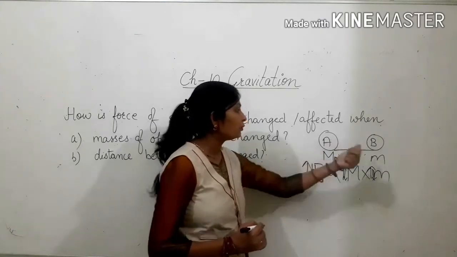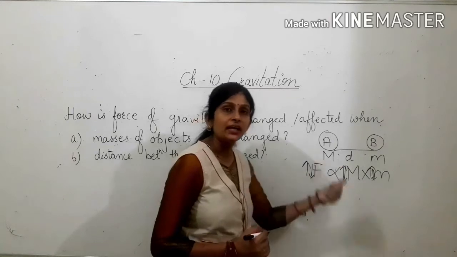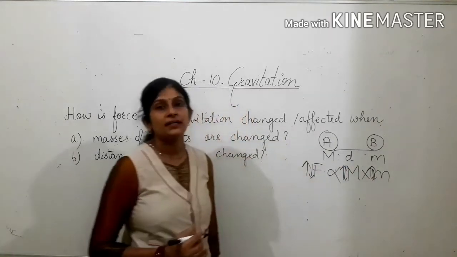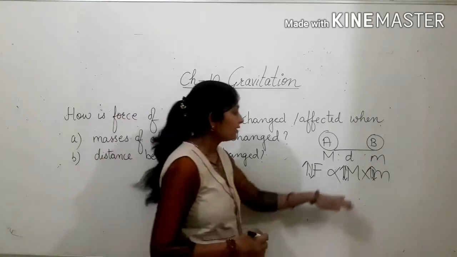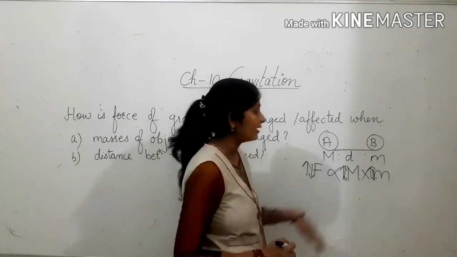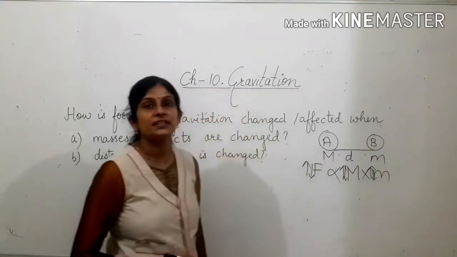Gravitational force between two objects is directly proportional to the product of their masses. It means if masses increase, force also increases, and if masses decrease, force also decreases.